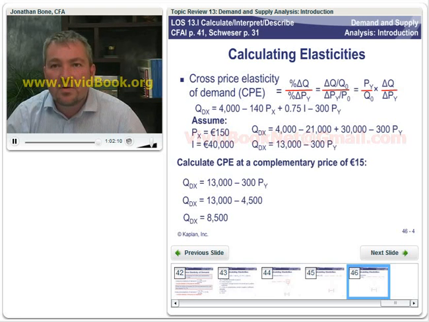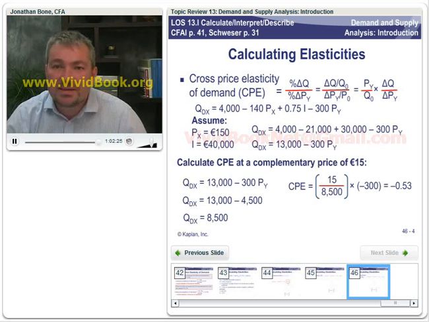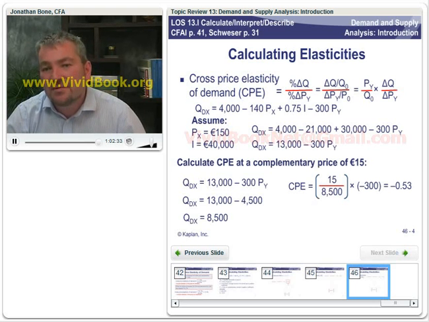We then need to multiply by the change in quantity over the change in the complement's price. And of course, change in Q over change in PY is just the slope coefficient of minus 300. So we can compute cross-price elasticity as 15 divided by 8,500 times minus 300 to get minus 0.53.